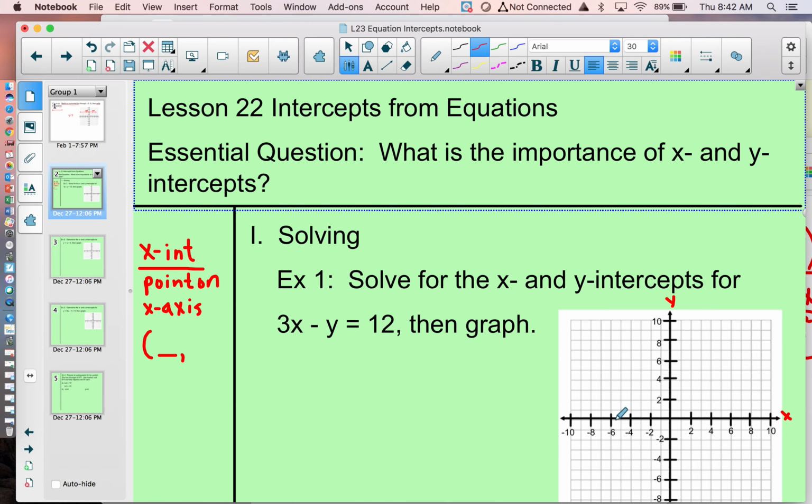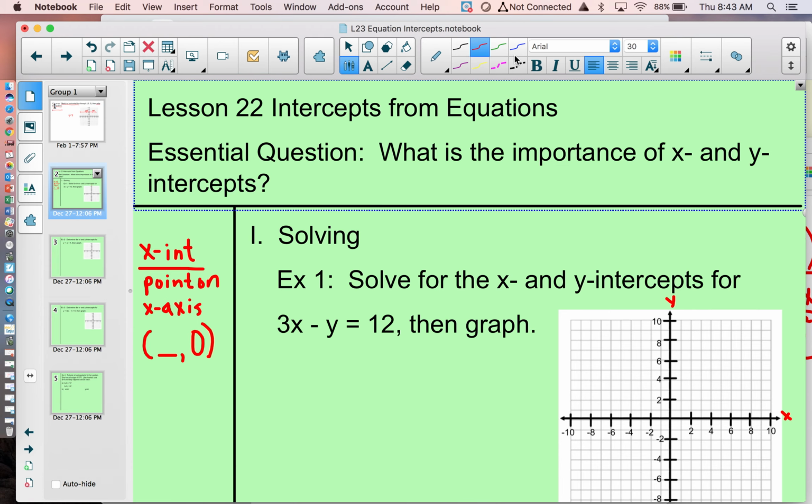This point, (-6, 0). It's on the x-axis. It's an x-intercept. But all those points have a 0 for the y value. Any point on the x-axis has an x value, but the y value is always going to be 0. And if we're looking to find the x-intercept, we're looking to find that x value. The y value is just nothing.